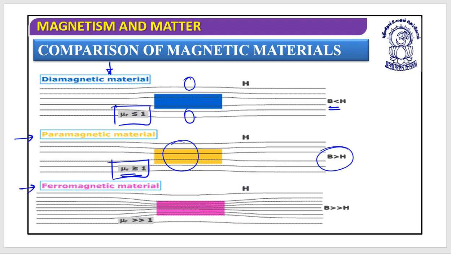When I see the ferromagnetic material, even more lines than in the paramagnetic material have a tendency to pass through the material, and that's why B is much greater than H. And mu r, the relative permeability, is much higher. We have one more relation, that mu r equals 1 plus susceptibility.